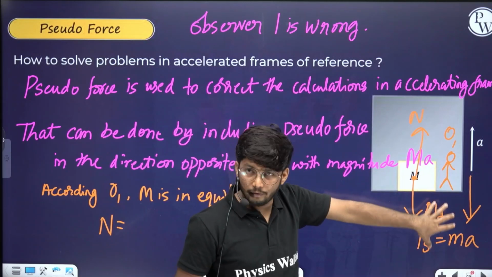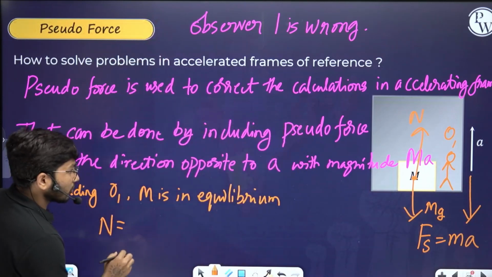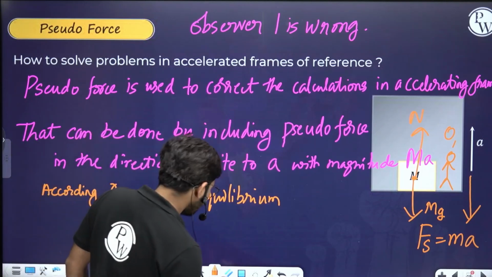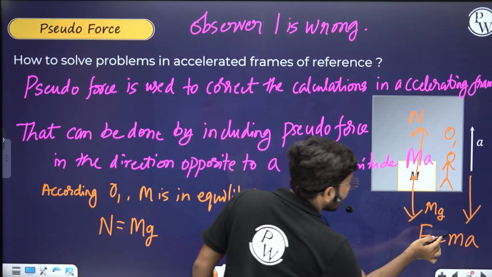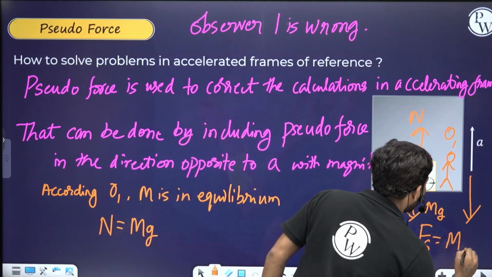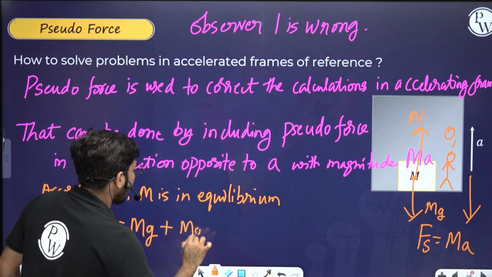One is the real weight, another one is the non-real pseudo force. So M into g plus M into A. Okay, both of them are capital, don't get confused. This is capital M into A.